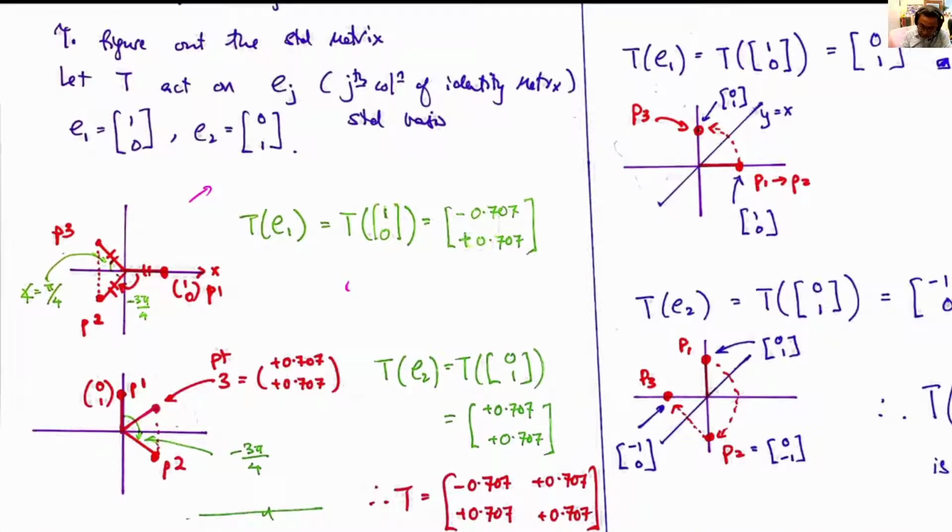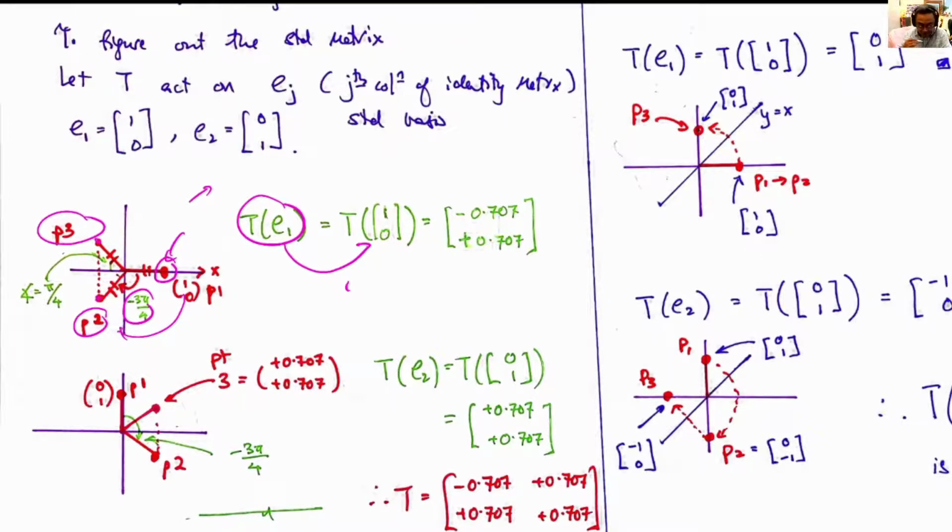Alright, let's operate on T of E1 first. E1, remember, is nothing but the first point on the horizontal axis here, 1, 0. We are then asked to rotate minus 3 pi over 4, which is in here 135 degrees. We land on the point P2. We are then asked to reflect along the horizontal axis. We reach P3. Remember that in this clockwise rotation, the length of the vector does not change.